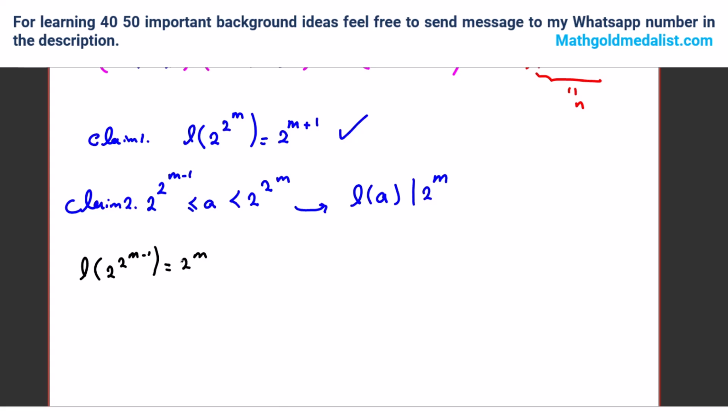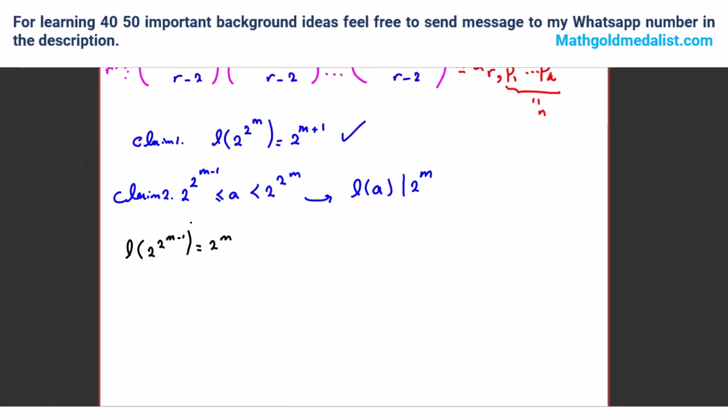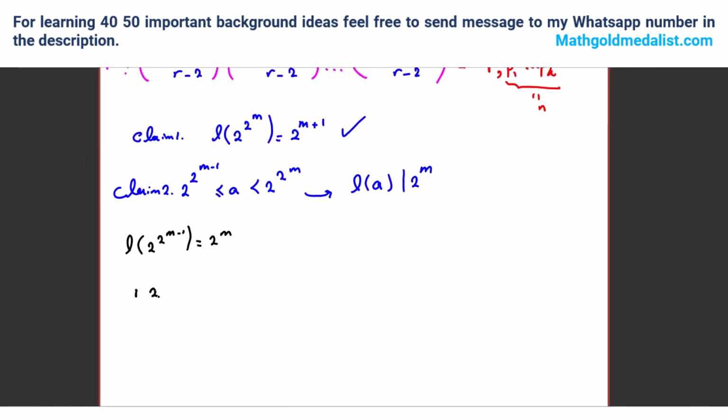It means, let's write 1, 2, 3 up to 2 to the m minus 1, then some numbers a up to 2 to the 2 to the m minus 1, right? So if you write these numbers, at first it is 1, 0, which becomes the first row as this, right? Next row is what? All one.